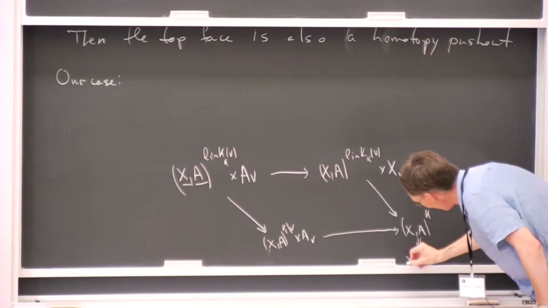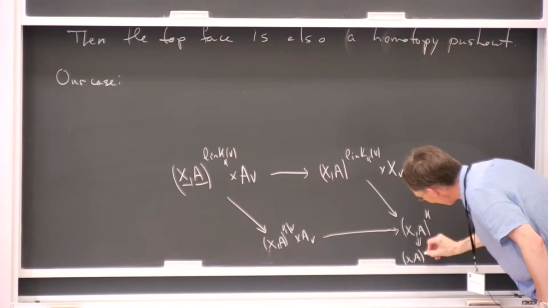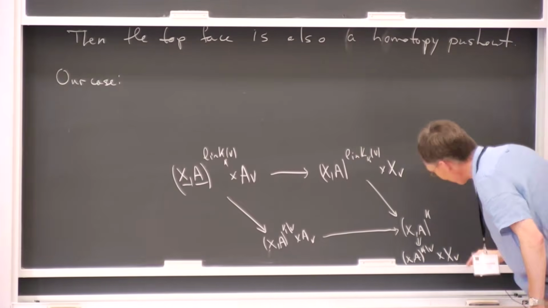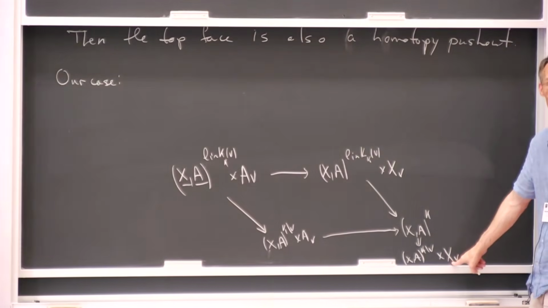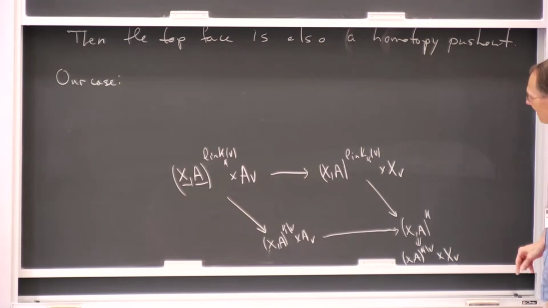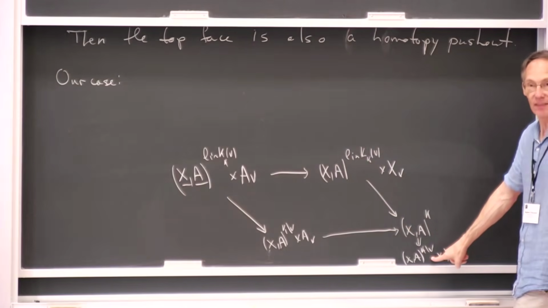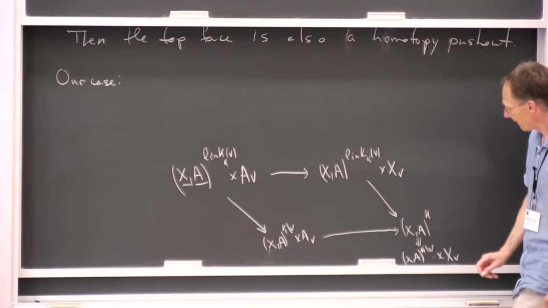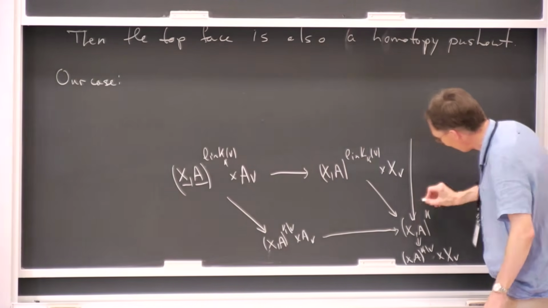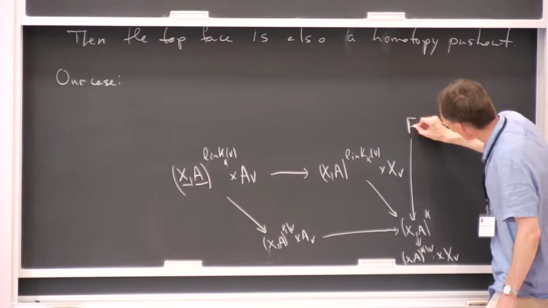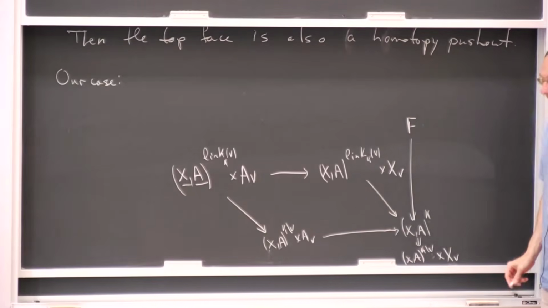So you'll have an (X, A) for the restriction, and then the polyhedral product for that single vertex would be just a copy of X. Map all four corners into this and take fibers. So the fiber from (CA, A)^K into this is some mysterious space F.